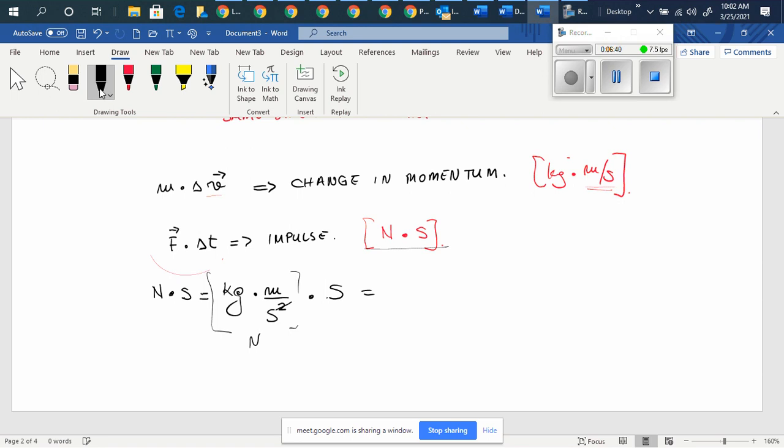Now seconds and seconds cancel out, and what you are left with is kilograms times meters per second, which are the same units as the momentum or the change of momentum. In general, when we refer to momentum, we state kilograms times meters per second, and when we refer to impulse, we say newtons times seconds.